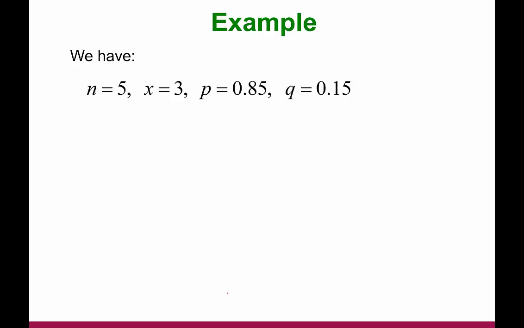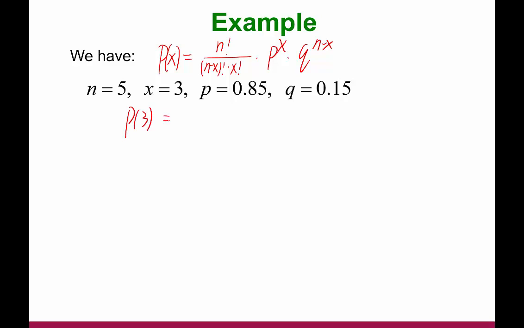And once we know that, we can apply the binomial formula. So P of x equal to n factorial over n minus x factorial times x factorial times p to the x q to the n minus x. We just apply the formula, so here we're looking for P of 3.